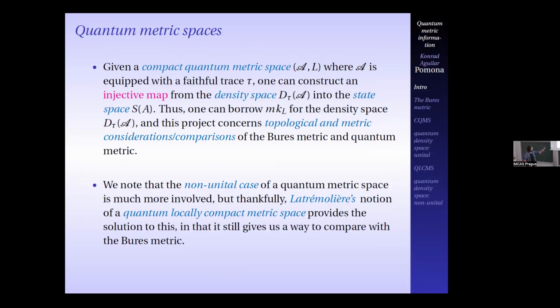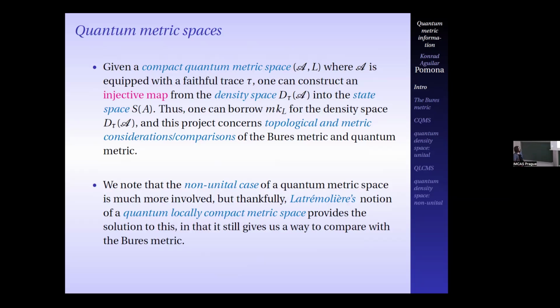But there are many different things that arise in that setting that we need to take care of, because there are some nasty things that happen in the non-unital case. This is a situation where simply unitizing isn't enough. You have to do a lot more to get the right notion of a quantum metric space in the non-unital case.